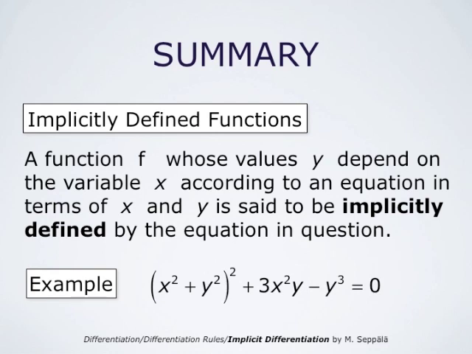An example of such a situation was the curve x squared plus y squared, and that squared plus 3 times x squared y minus y cubed equals 0. Solving y in terms of x from this equation is hopeless, or at least seems to be. But by implicit differentiation, we were able to find information about the tangent lines of this curve.